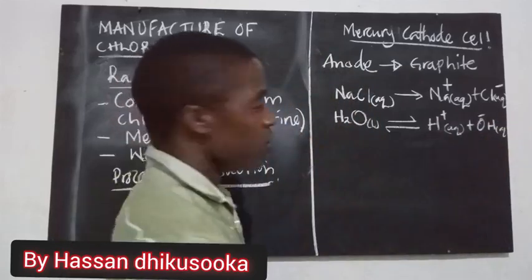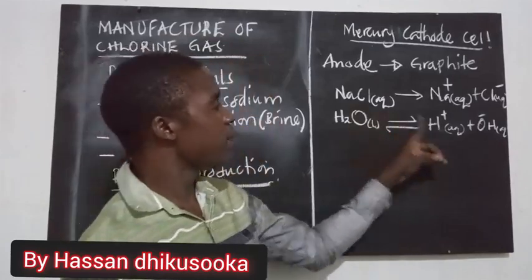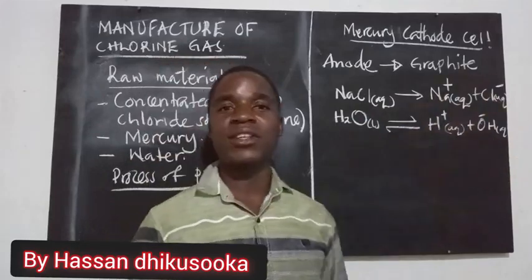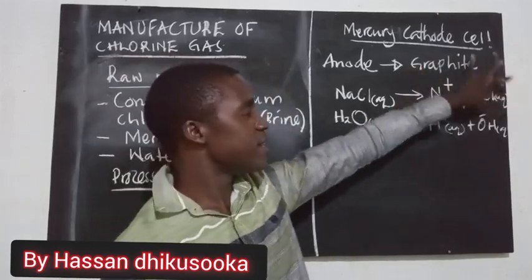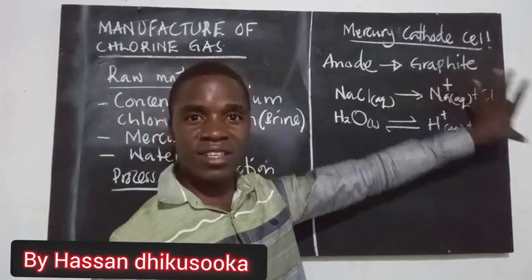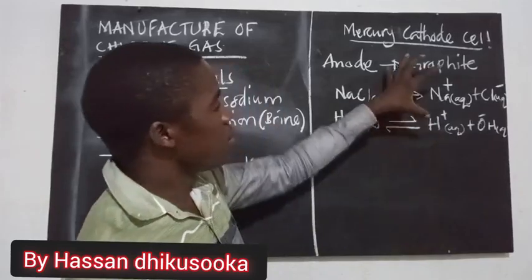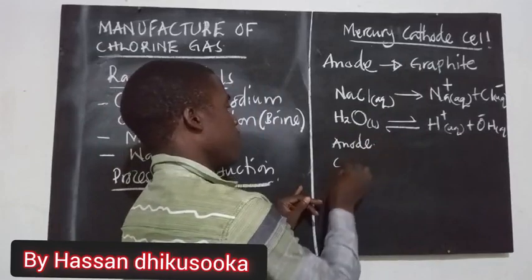So at the end of it all, we have hydrogen ions, hydroxide ions, sodium ions and chloride ions. So two kinds of positively charged ions and two kinds of negatively charged ions. At the end of it all, what will happen? We have the anode and we have the cathode.